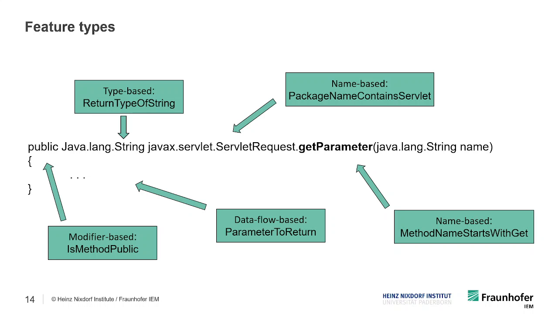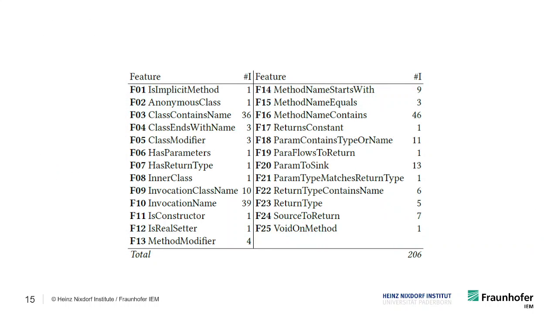So this is the full set of features that we have in SWAN. As you see, there are only 25 types of features. So we have is implicit method, is anonymous class method, if a class contains name, and so on. And then you see for these we have the number of instances in the table. So feature F1, is implicit method, is only instantiated once. So in each classifier we have only one feature of this type.